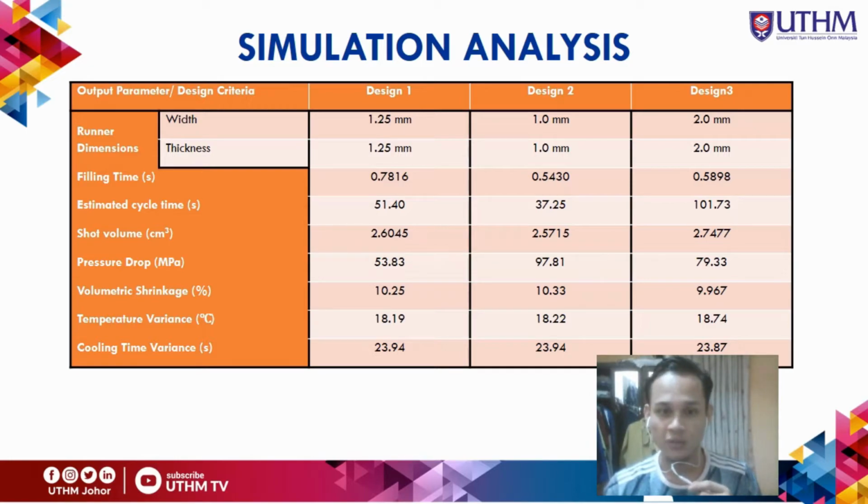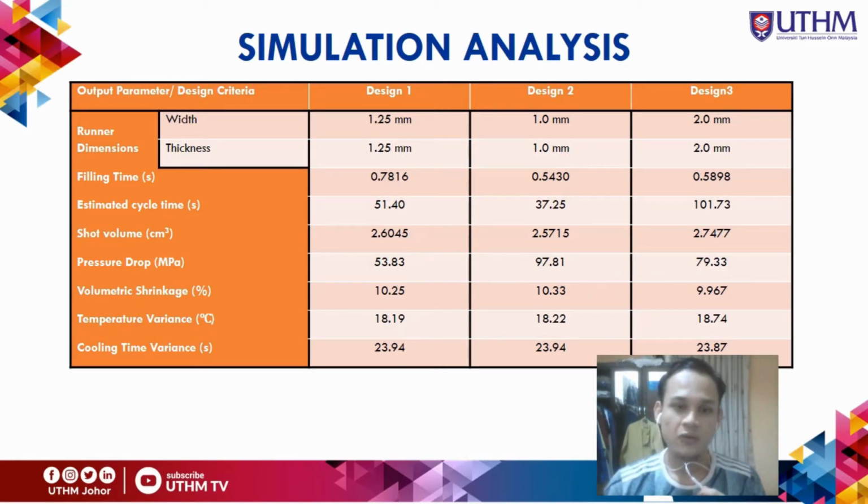Shrinkage cannot be avoided in the injection mold process. However, the issue is how much the amount of shrinkage can be reduced. By saying that, the type of material is not the only factor. The cooling element also must be considered.